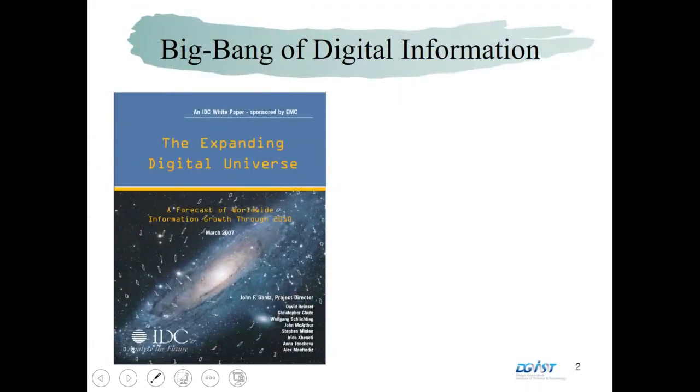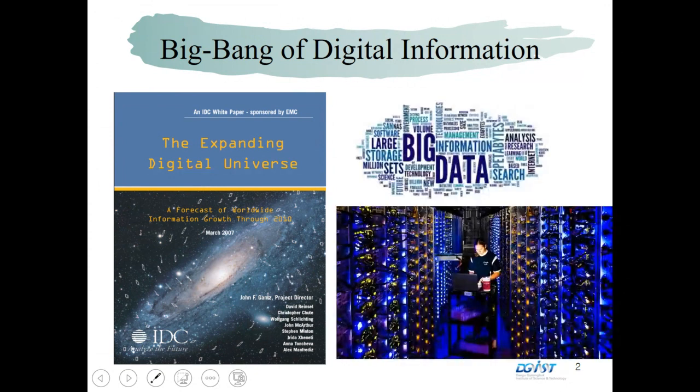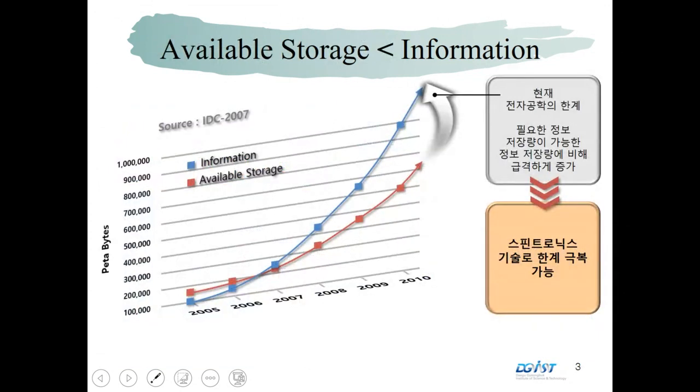In the previous class, I explained the meaning of the expansion of data storage, and there are also many predictions that the desired information storage capacity is over the available storage. That means we need more and more storage, but this is easily understandable based on your personal experience.